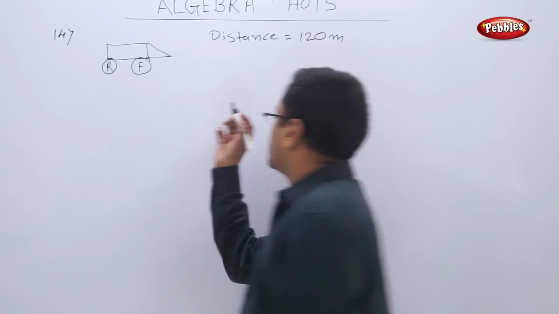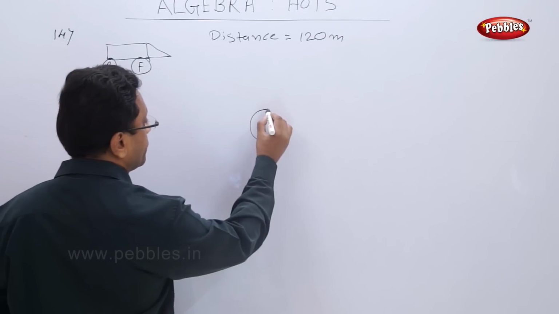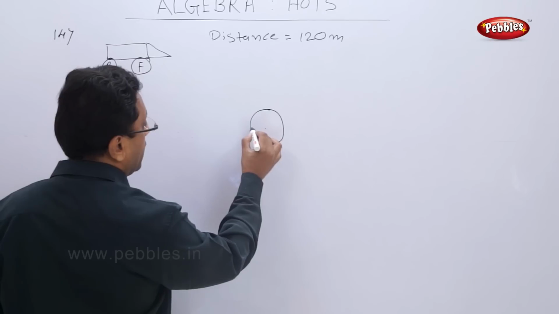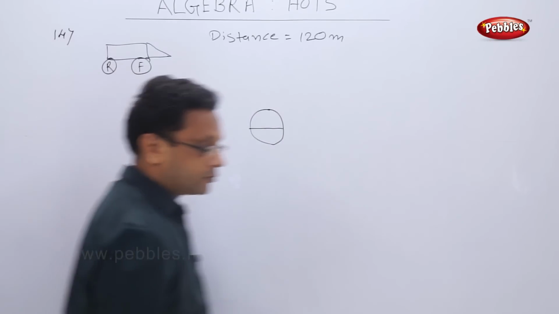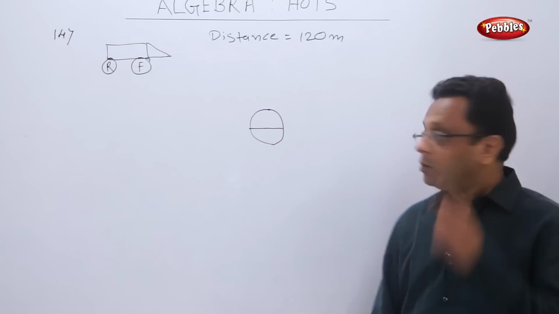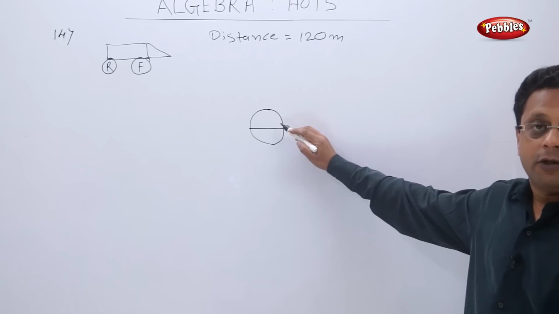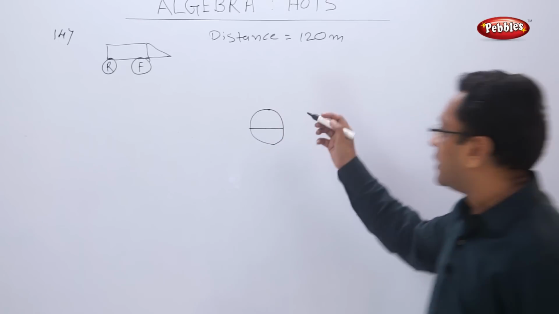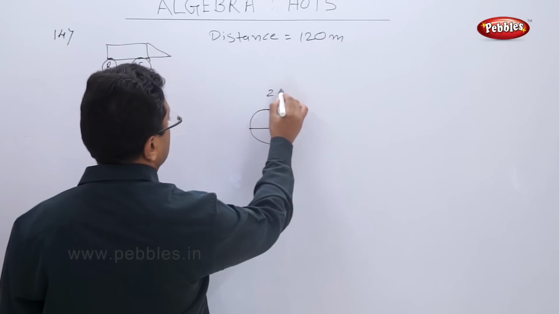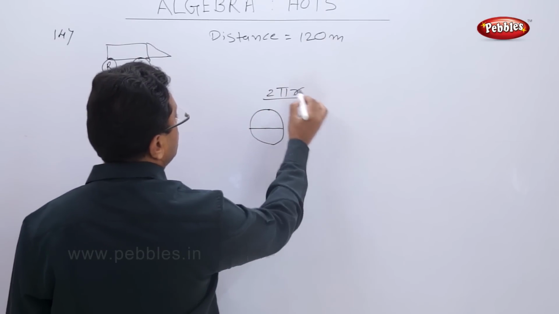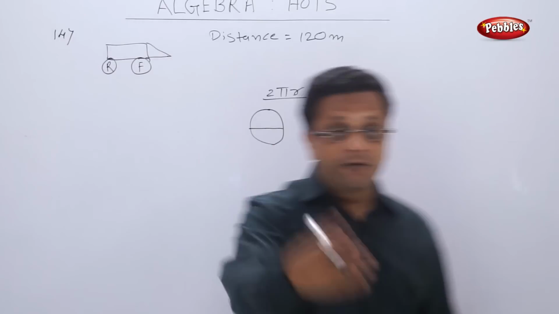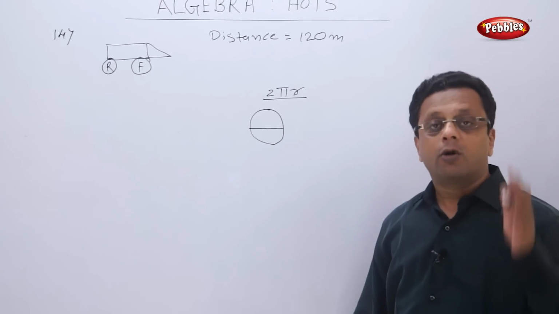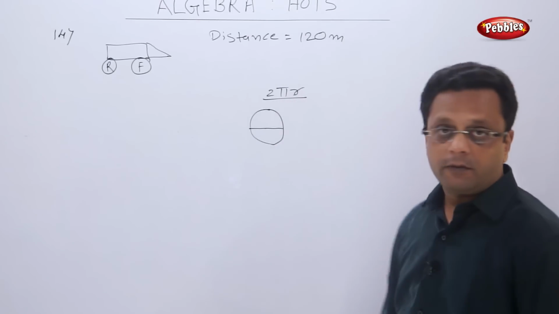Okay, suppose this is a wheel and this is a diameter. So if you know the diameter, you can easily find out the circumference, right? That is, we know it is 2 pi r. So once you find the circumference, you can even find out the diameter or the radius of the wheel.